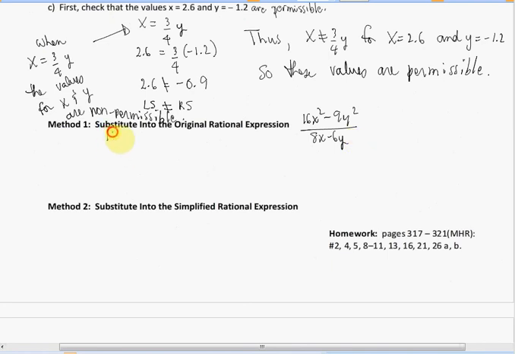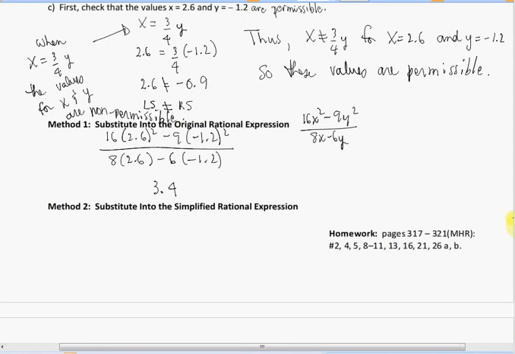So I'm going to get 16 times 2.6 squared minus 9 times negative 1.2 squared all over 8 times 2.6 minus 6 times negative 1.2. And when I simplify all of that, I get 3.4.